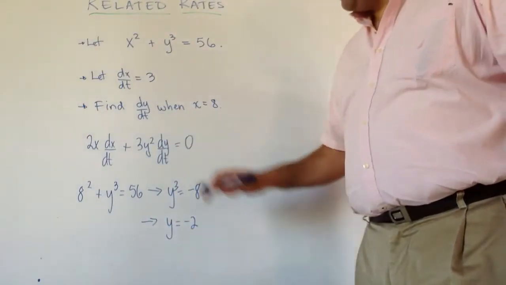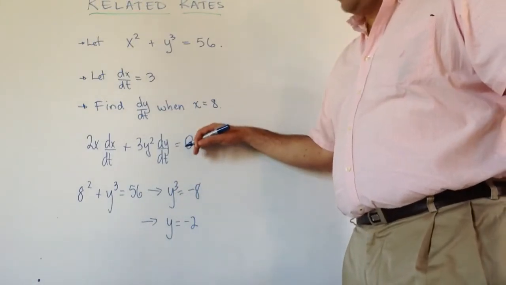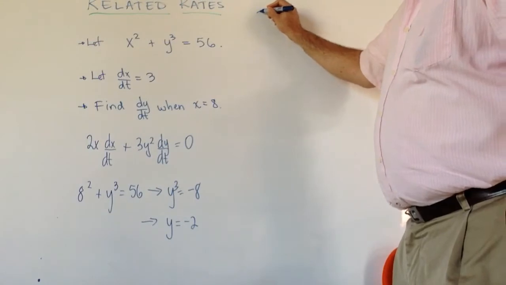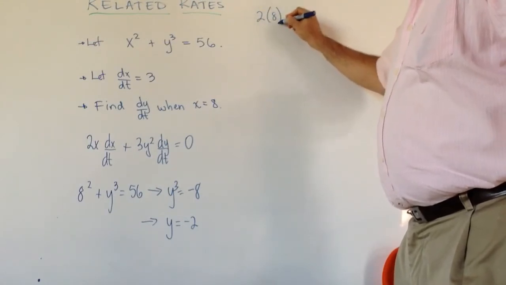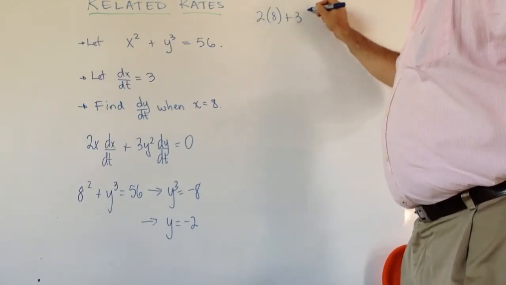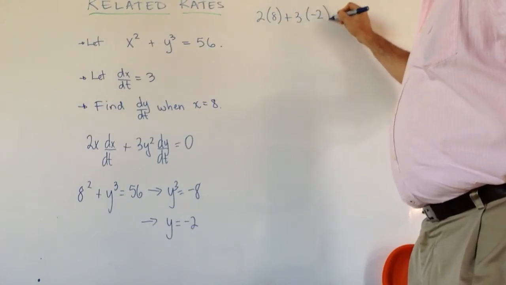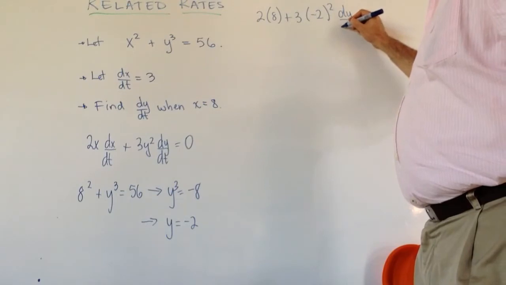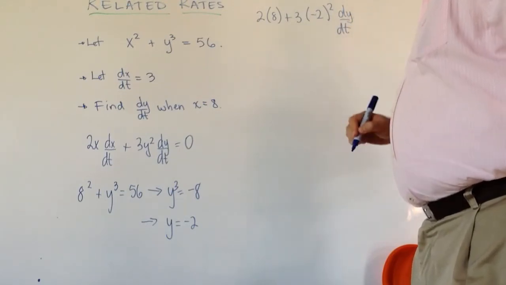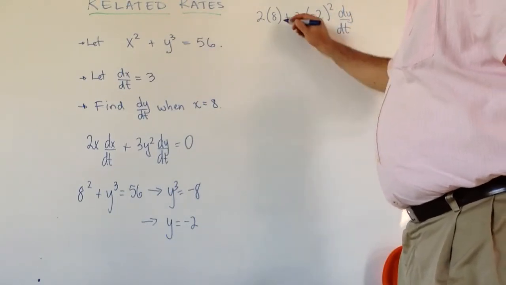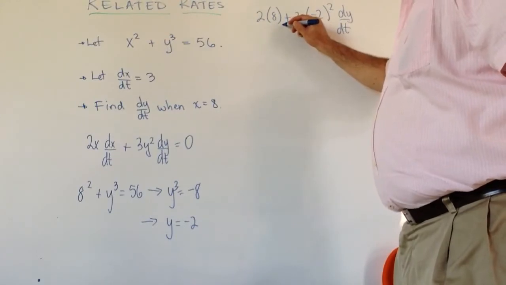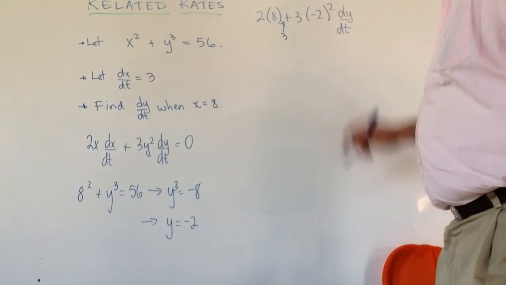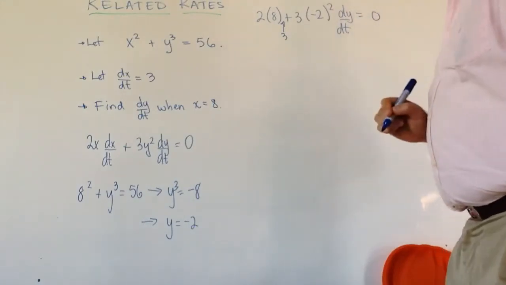Now substituting this value into our differentiated equation, we get 2 times 8 plus 3 times negative 2 squared times dy/dt. Okay, I made a mistake. I forgot here the times 3 because of the rate. It's equal to 0.